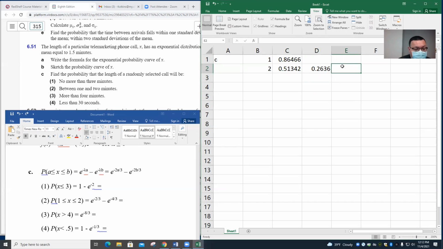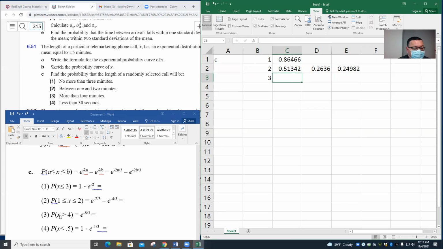Remember it was e to the exponent -2/3 minus e to the exponent -4/3, so we just have to subtract these two. I'll do equals and then click on that cell minus that cell. And it gives us 0.24982.